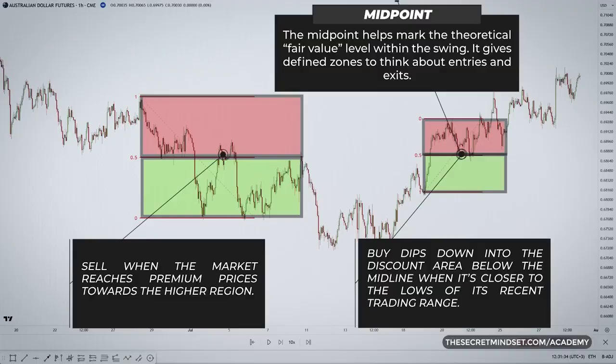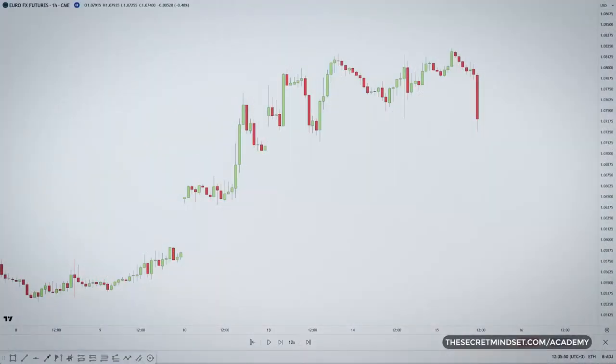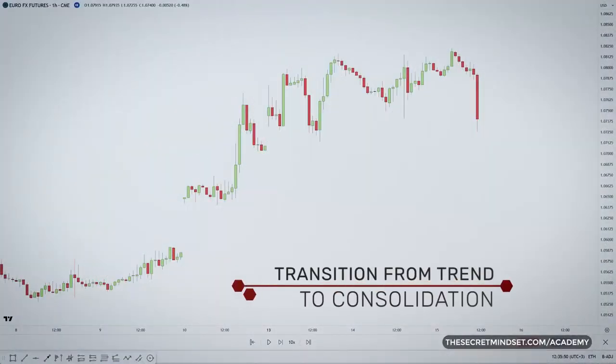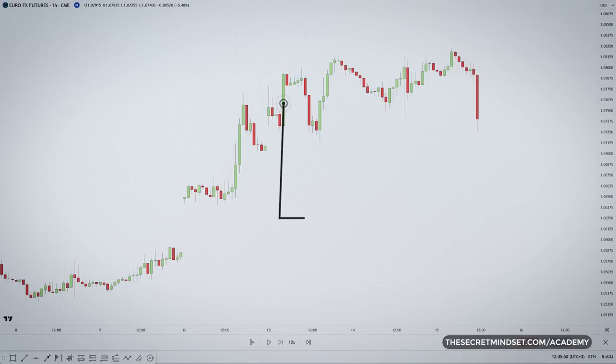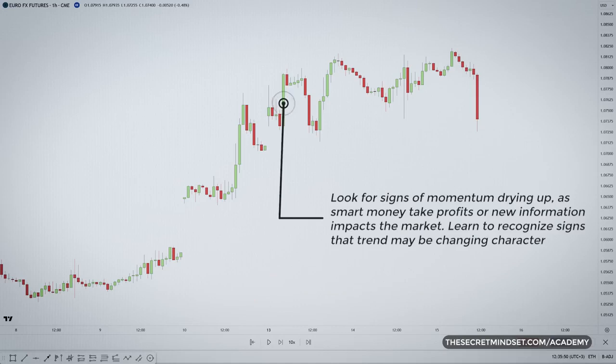Now, trending markets can't continue rallying or falling forever. Sometimes you start to see the momentum drying up as smart money takes profits or new information impacts the market. When we've been in a clear uptrend, it's important to recognize signs it may be changing character.